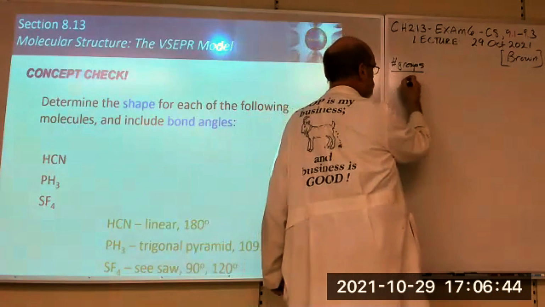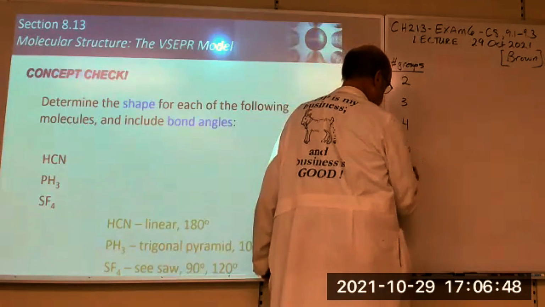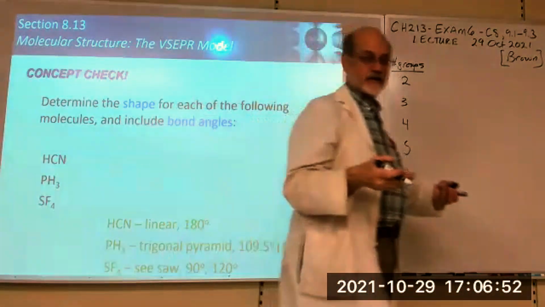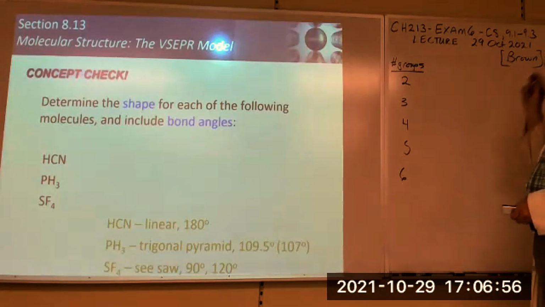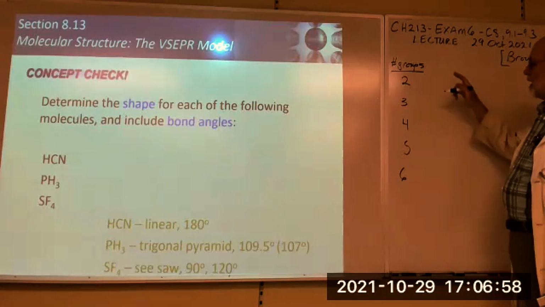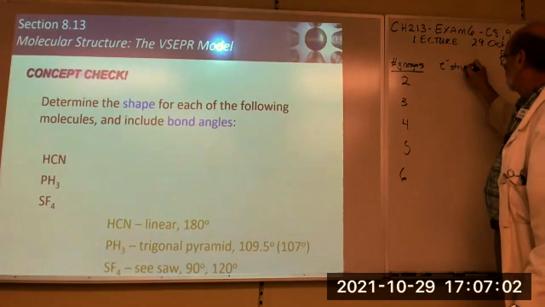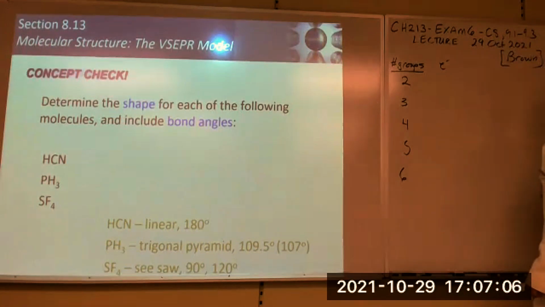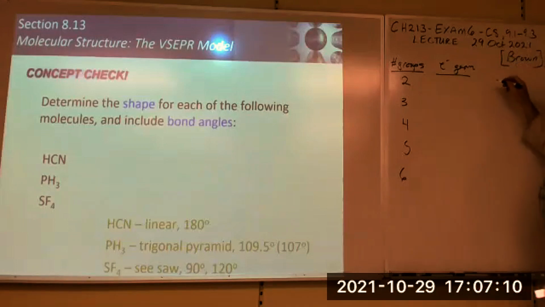So we're just going to go to 2 groups, 3 groups, 4 groups, 5 groups, and 6 groups of electrons, either lone pairs or bonding. Then we have the electronic geometry, and then we cover up the lone pairs and we get the molecular geometry.